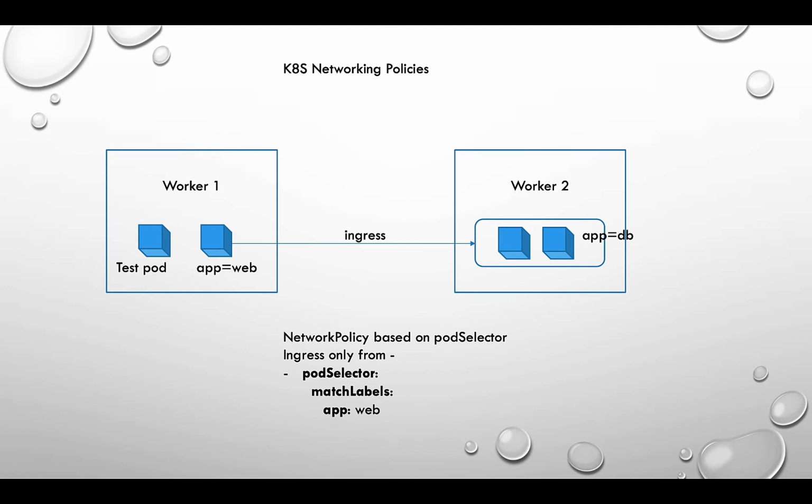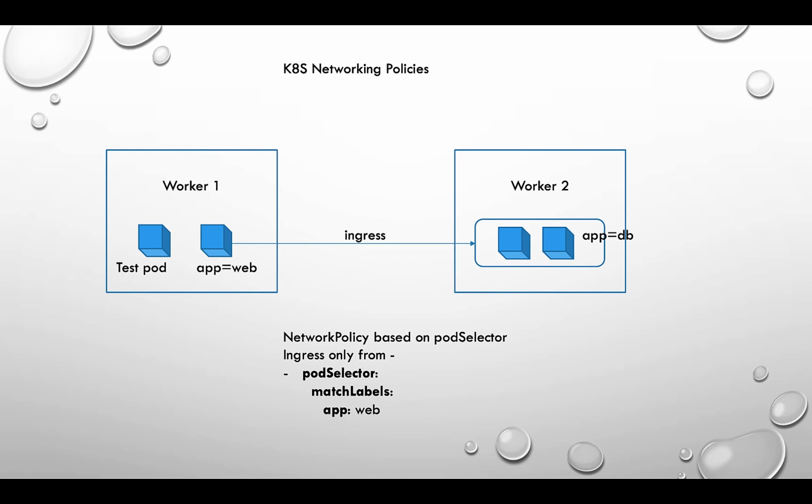Then I will have a deployment with two replicas, and I'll make a service and expose it on a port. The pods for the service will have the label app equal to db. I only want my app web pods to reach the db pods, and no others. This is all in the default namespace.